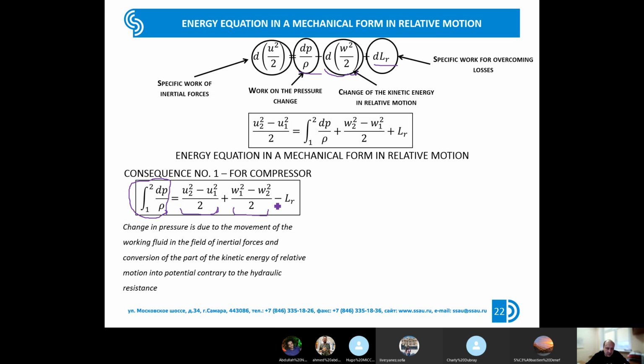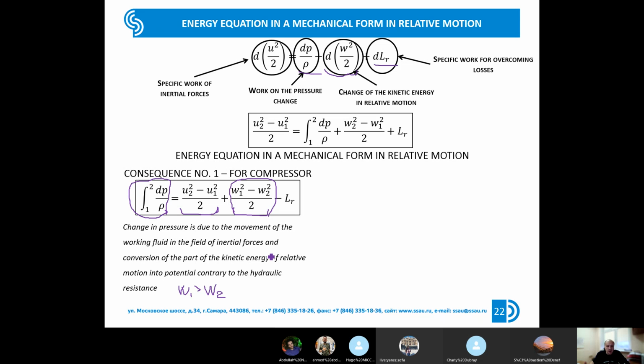Why do I speak about breaking the flow? It's very easy to understand if you look at this term. If this term is positive, it means the pressure will be increased if W1 is more than W2. So it means you receive an increase in pressure if W1 is more than W2.